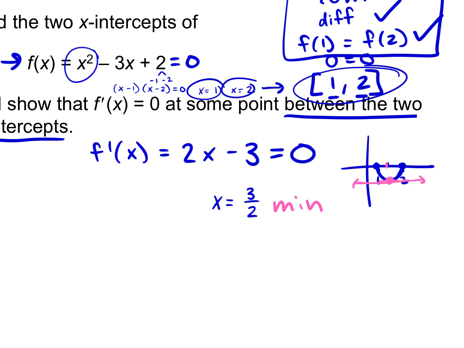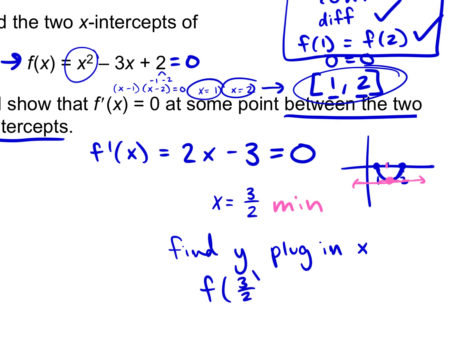How do we find the y value for our minimum? We plug in the x value into what? The original equation. Awesome. So to find y, we plug in the x value. So we would find f of 3/2.